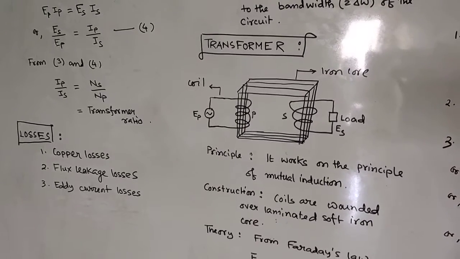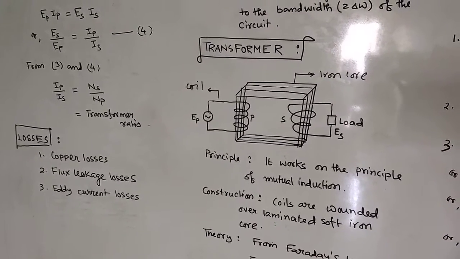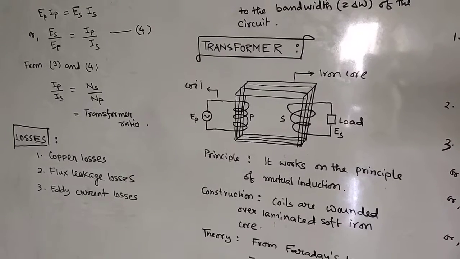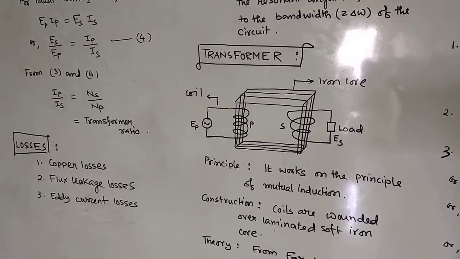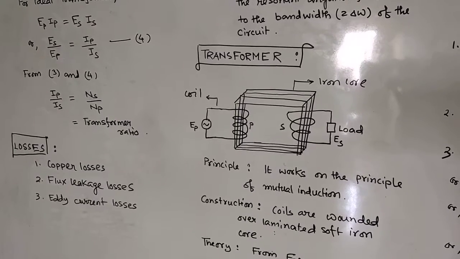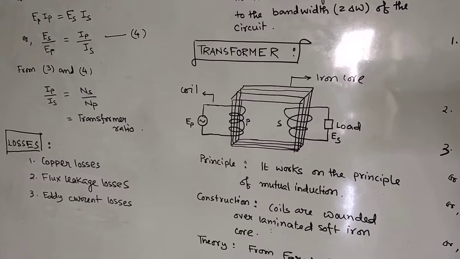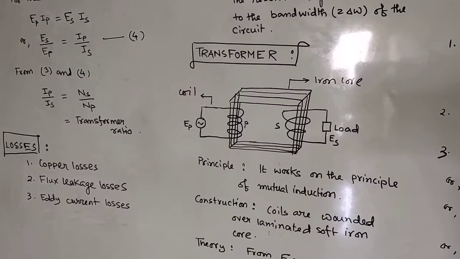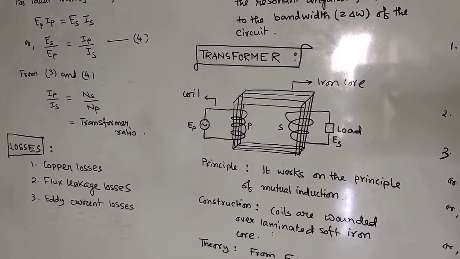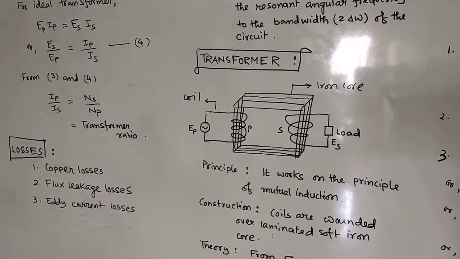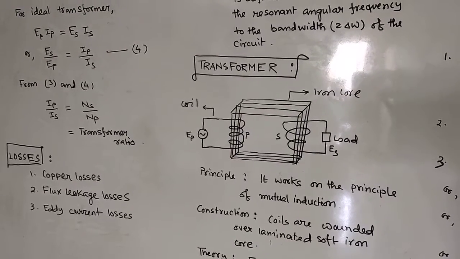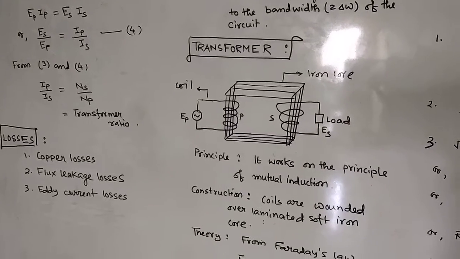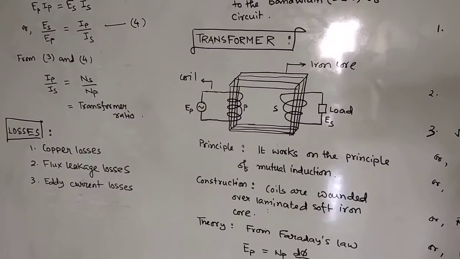Now to minimize this, instead of taking a block of iron core, we take some laminated sheets and place one above the other, so that we get a core in laminated form, and the amount of heat generated can dissipate between the interfaces of the laminated plates. So this one is known as eddy current loss.